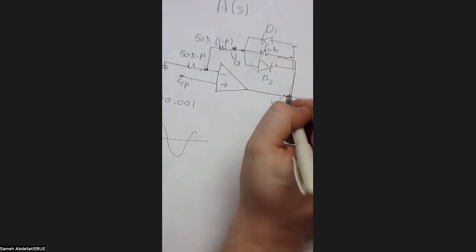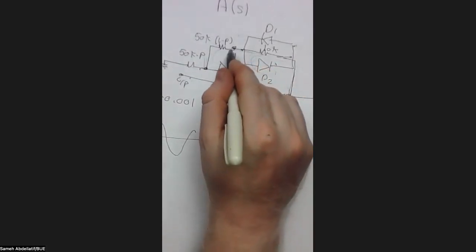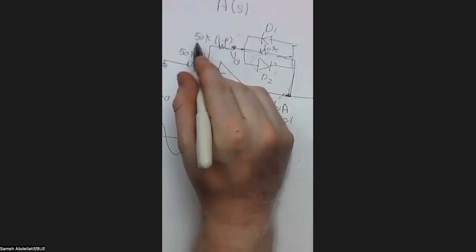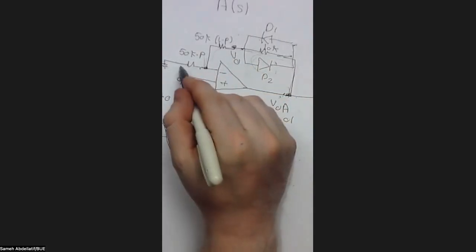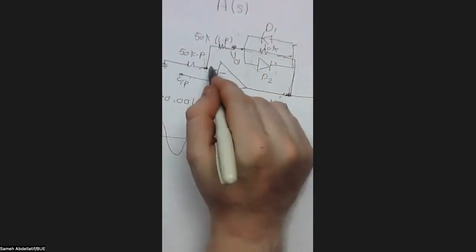So basically, what you are going to see here is that you have this 10K connected in series with 50 times 1 minus B. And this here, consider it your feedback resistance. And you have another 50 times B in this connection.